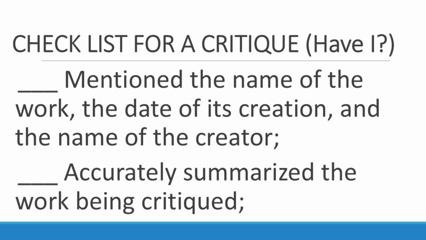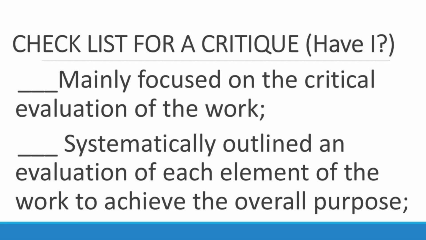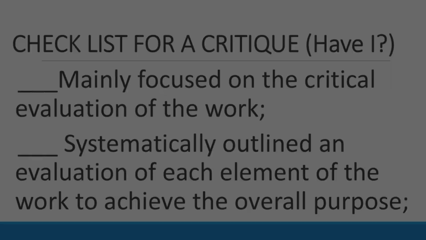Next, have I accurately summarized the work being critiqued? Next, have I mainly focused on the critical evaluation of the work, or have I systematically outlined an evaluation of each element of the work to achieve the overall purpose?